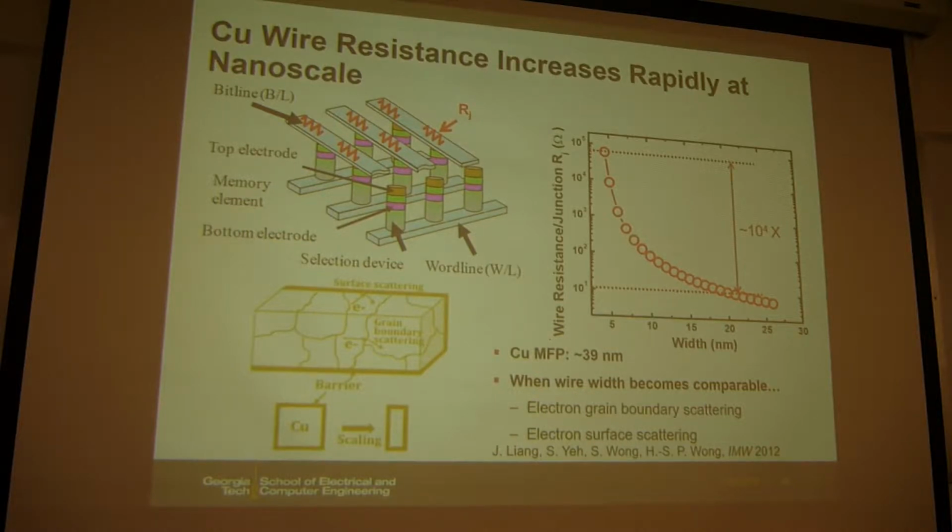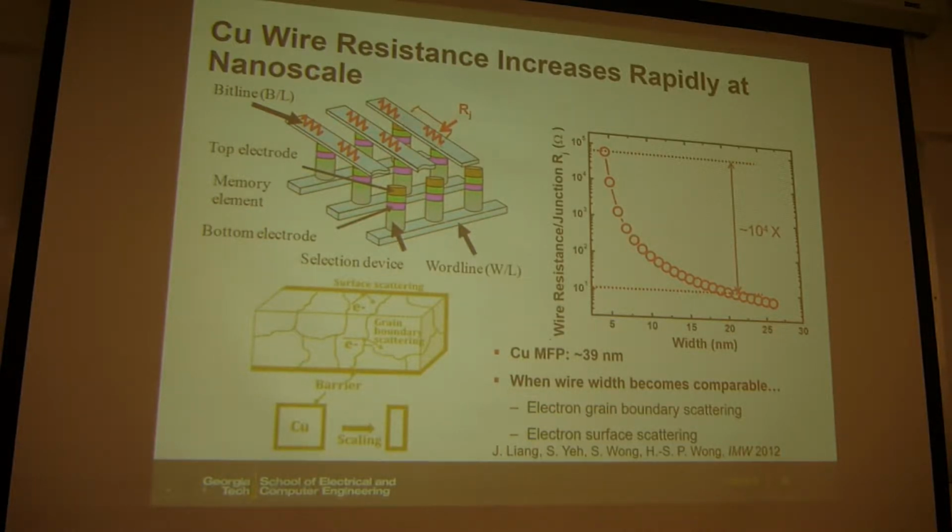Here we plot the junction resistance Rj, which is defined as the wire resistance from cell to cell in this cross-point array. Let's say one segment of the wire.